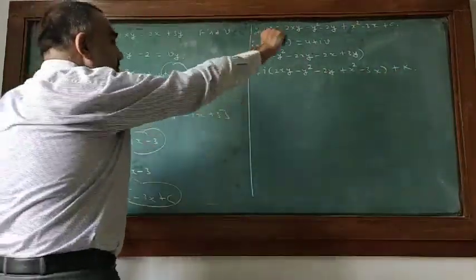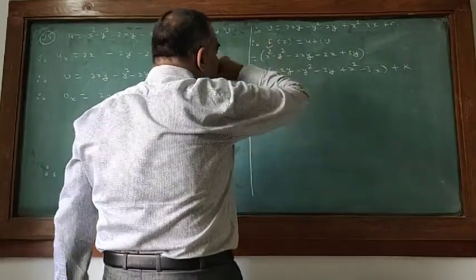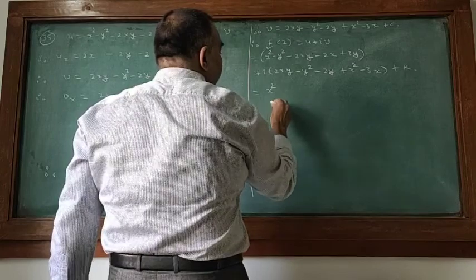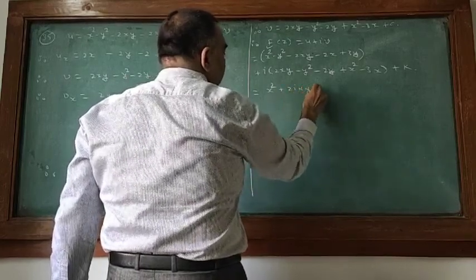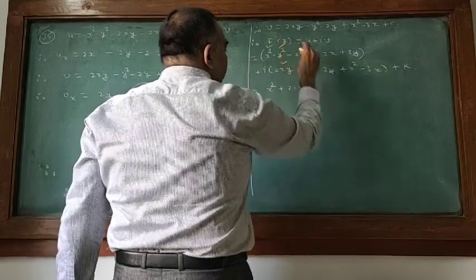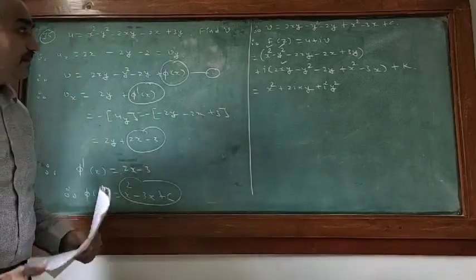This is equal to x square plus 2ixy plus i square y square. Minus sign is there.